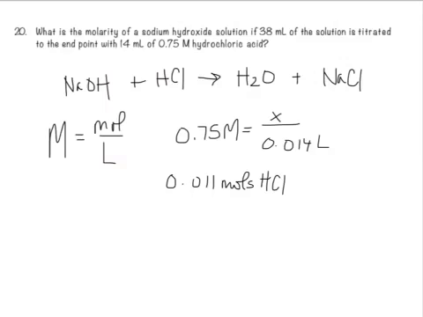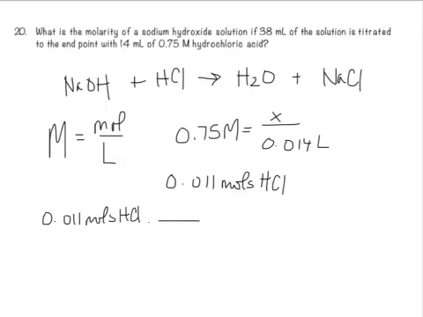Well, I can now use stoichiometry to convert from moles of hydrochloric acid to moles of sodium hydroxide. And then once I know the moles of sodium hydroxide, I know the volume. I can use the molarity formula to calculate the molarity of the unknown base. So, in looking at this, 0.011 moles of HCl, my hydrochloric acid.